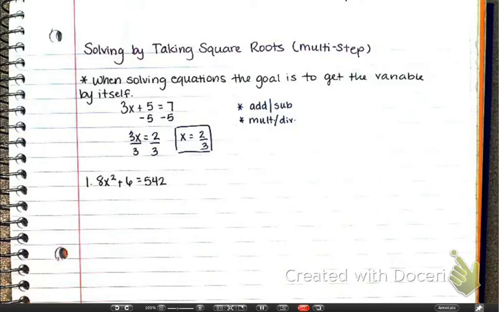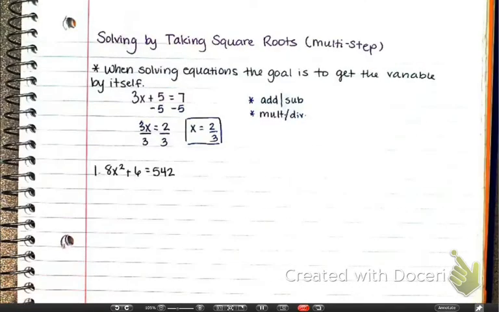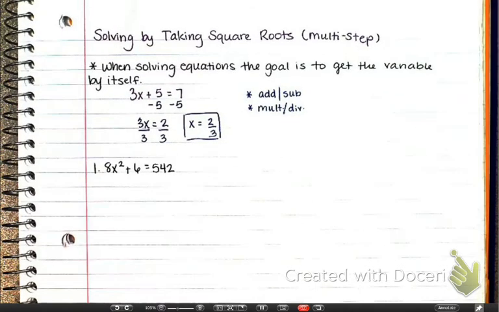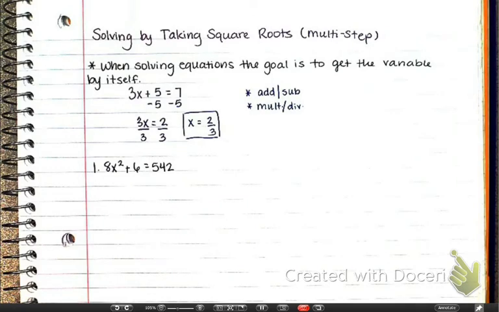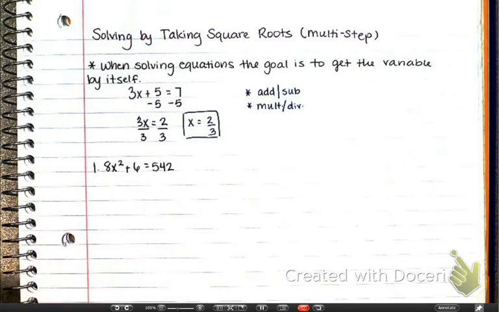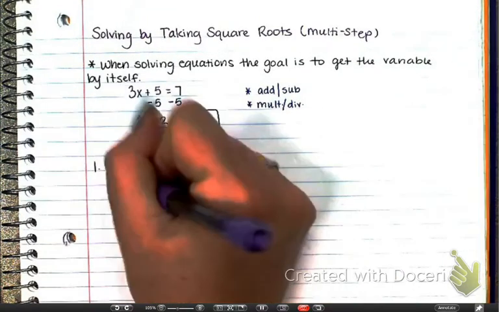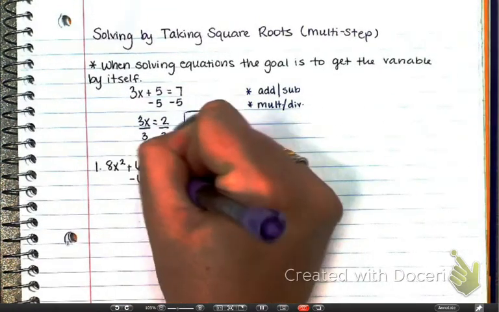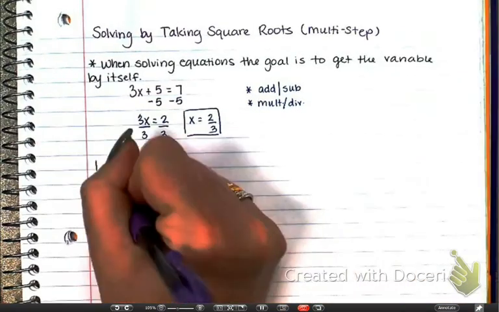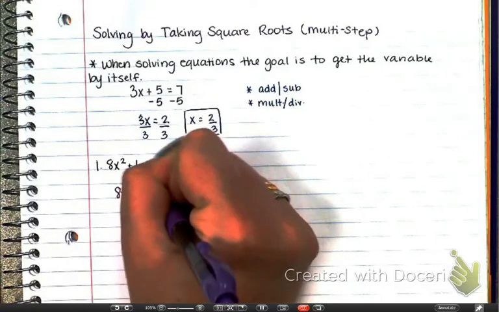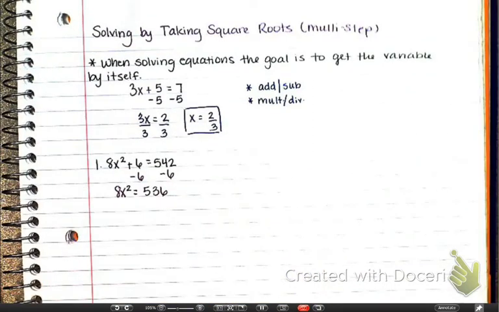If we're following rules of taking square roots, or if we're just following rules of solving basic equations, we're going to start by adding and subtracting first. So again, the goal is to get x by itself. So I'm going to start by subtracting 6 from both sides. 8x squared equals 536.